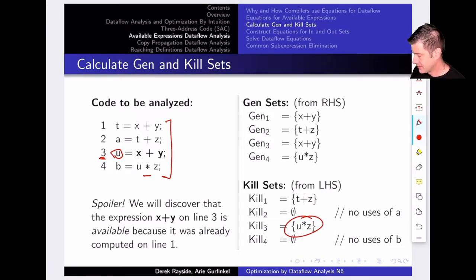It's just a mechanical thing to do. And this way, you don't have to worry about maybe there's another execution flow. Maybe this whole code is actually in a loop, and whatever is computed here, u times z, actually flows back in. And then you have to make sure that you're not mistakenly thinking that you can use it again here instead of recomputing it.